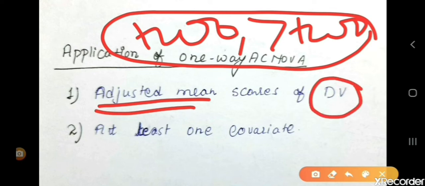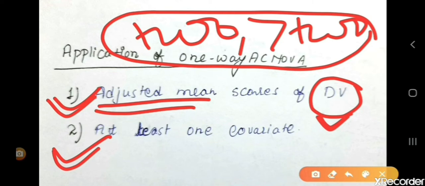So what we are going to see is the adjusted mean between these groups of the dependent variable. Of course, each group has at least one covariate. So we will use one way ANCOVA in these two cases.